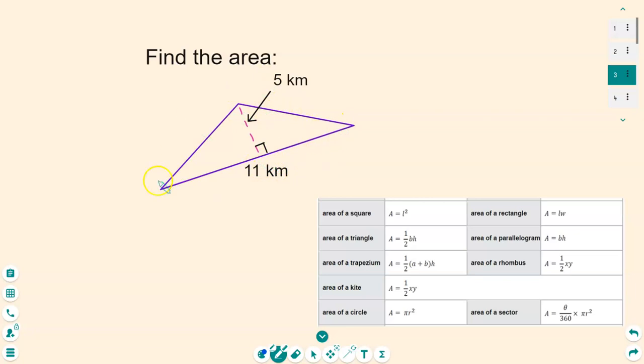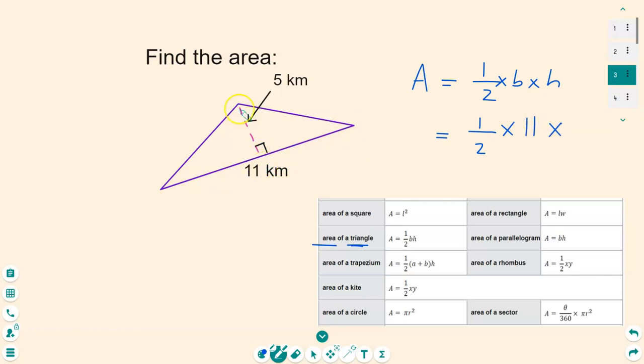So what shape is this? It is a triangle. Area, so I can see my little formula down here this time. Area of a triangle. Half base times height. Half times the base of this triangle is 11.